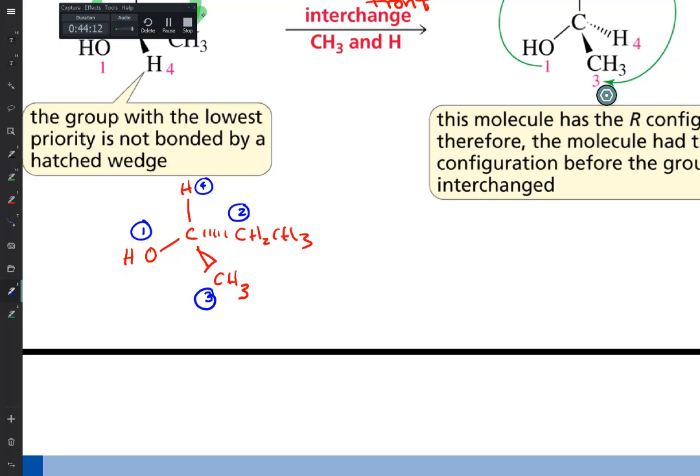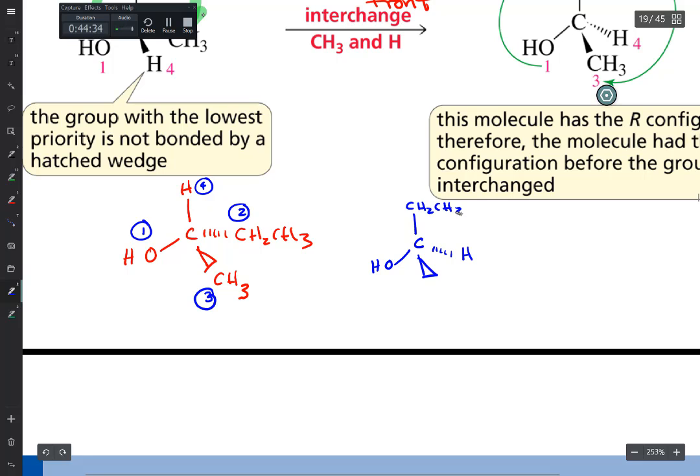The other way to do it is this: switch 2 groups, put the 4 group in the back. So we're going to switch 2 groups, and I'm going to go like this. I'm going to just say OH, C. Now I'm going to draw the same hatches and wedges like this, and then I'm going to put H back here, and I'm going to put CH2, CH3 here, and then I'll have CH3 here.